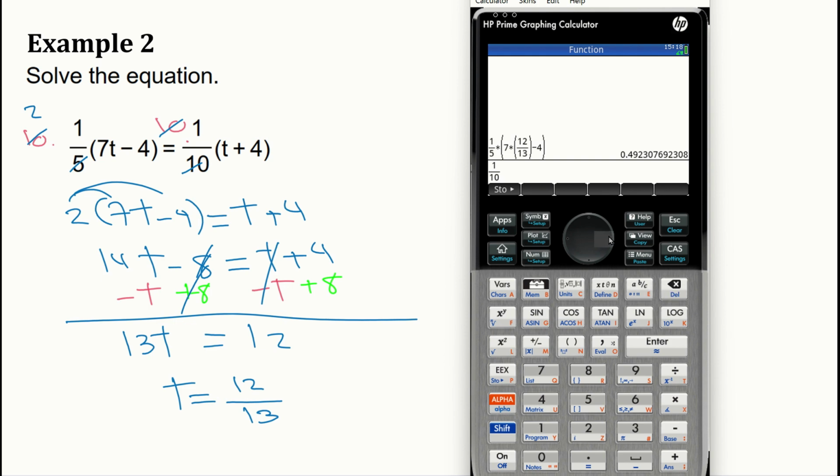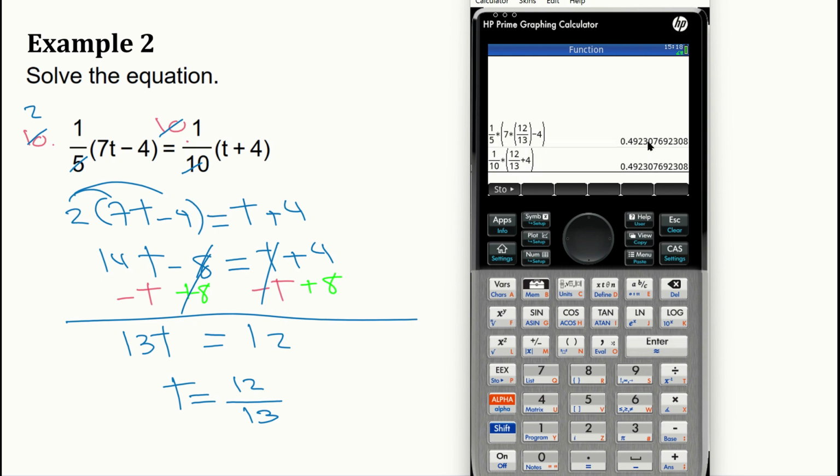So we'll hit the right arrow to get out of the denominator. And now we'll put parentheses. So now we want 12 over 13. Hit the right arrow and then plus 4. Now, as soon as I hit enter, what am I hoping to see? That number, right? And we do.